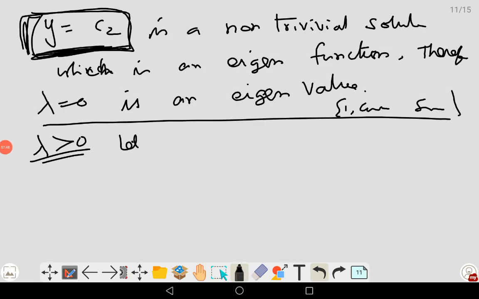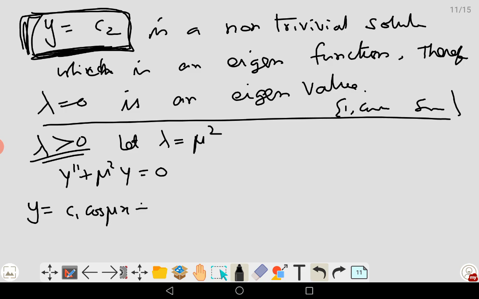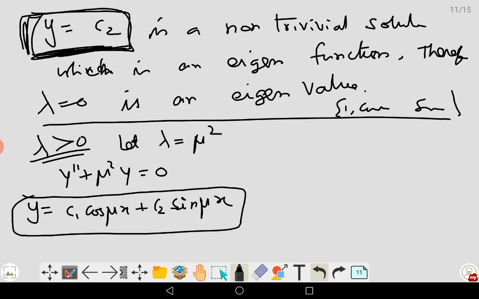Next we are going for lambda greater than 0. Let lambda be positive mu square. Therefore, the differential equation will be y double dash plus mu square y equal to 0. And the solution, we don't want to repeat the procedure, same: C1 cosine mu x plus C2 sine mu x.